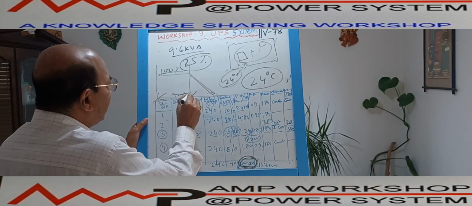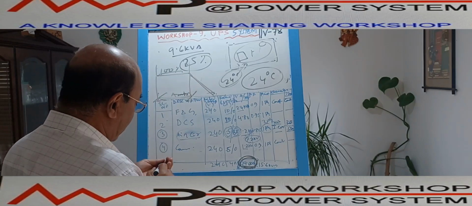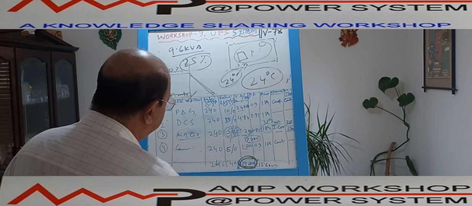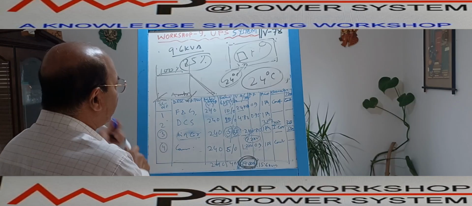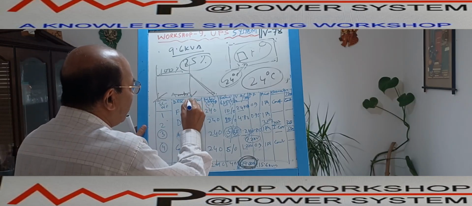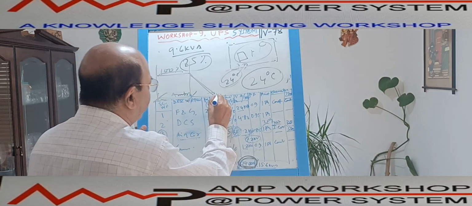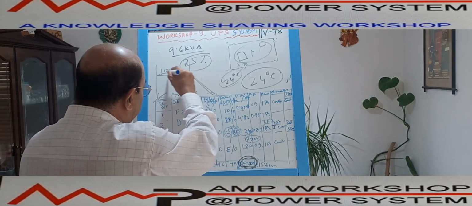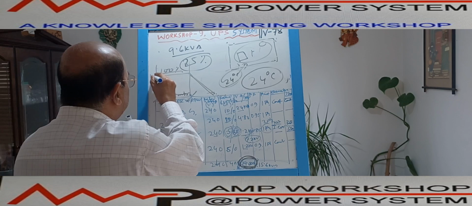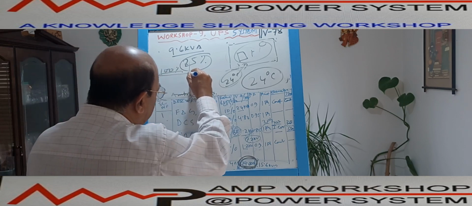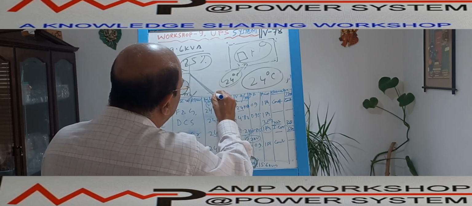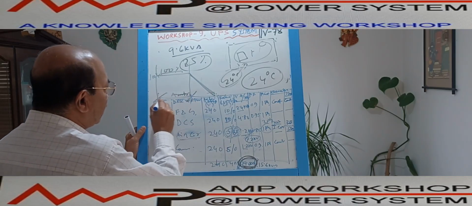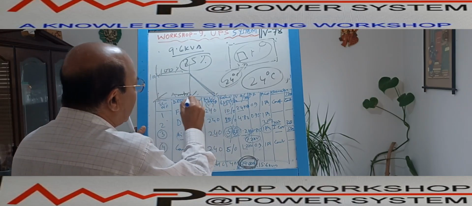Up to this ambient temperature, it will give 100% power. The moment the ambient temperature goes above this rated value, the capacity of the equipment, which is 100% at this point, will gradually fall and drop down to 0.